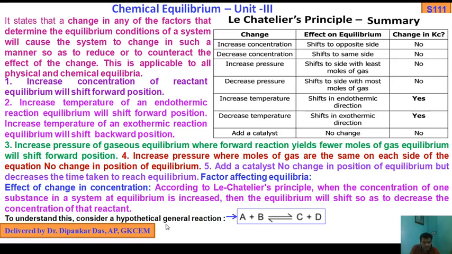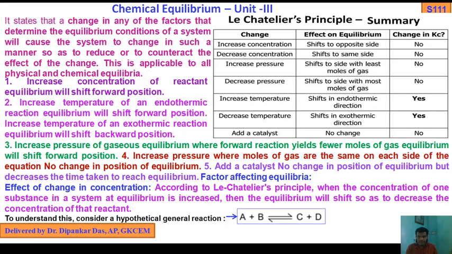Consider a hypothetical general equation, A plus B, reversible reaction, C plus D. We are talking about the change in concentrations. When the concentration of the substance is increased, the equilibrium will shift so as to decrease the concentration of the reactant, which is in the forward direction.